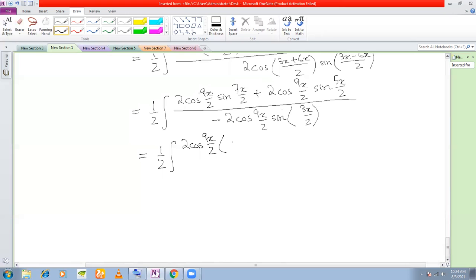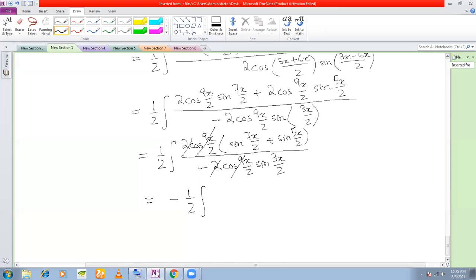You are left with sine 7x by 2 plus sine 5x by 2, divided by, denominator you have minus 2 cos 9x by 2 sine 3x by 2, right? So this cancels, and you can take a minus sign outside here. So minus half integral. Now sine 7x by 2 plus sine 5x by 2 you have in the numerator.